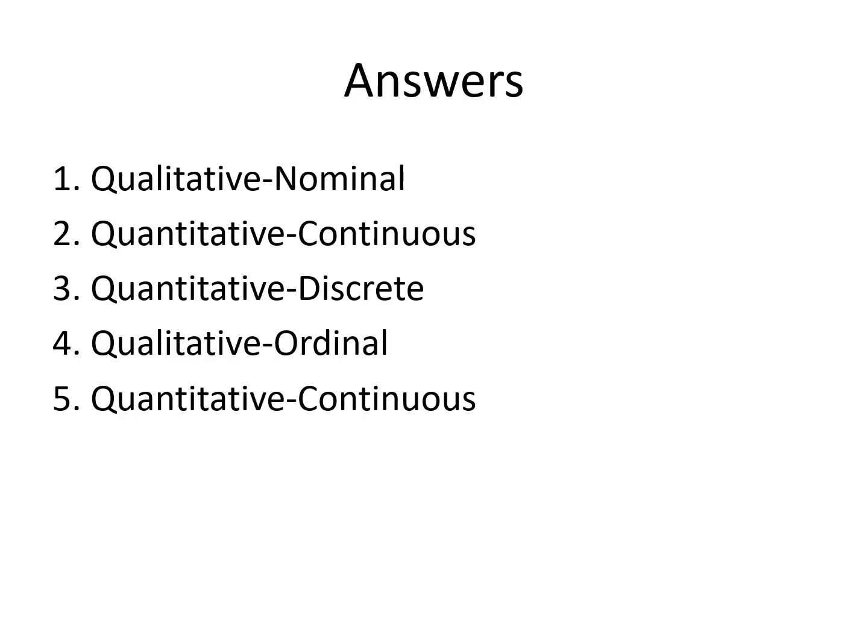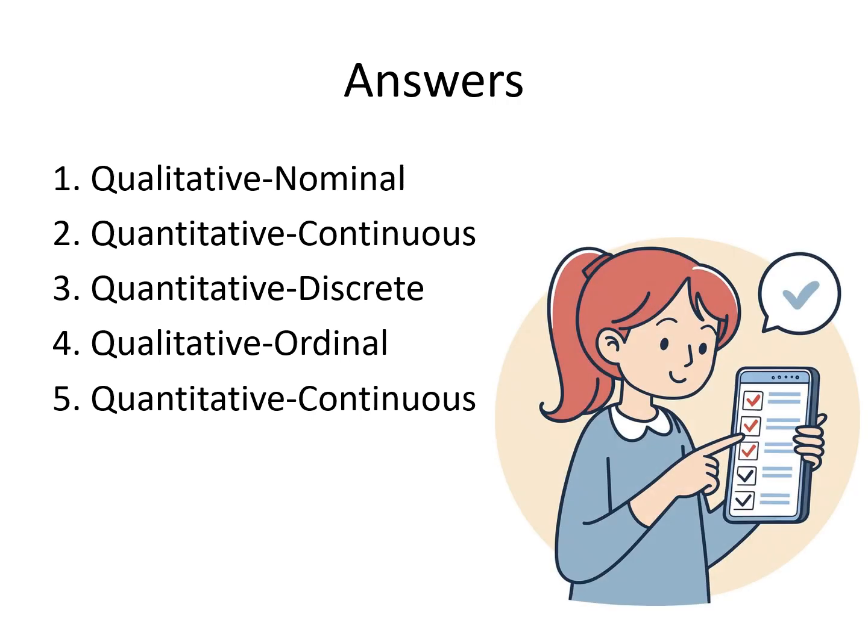Let's check our answers. Blood type is qualitative nominal because it consists of labels without order. Height is quantitative continuous because it is measured. Number of pets is quantitative discrete because it is counted.